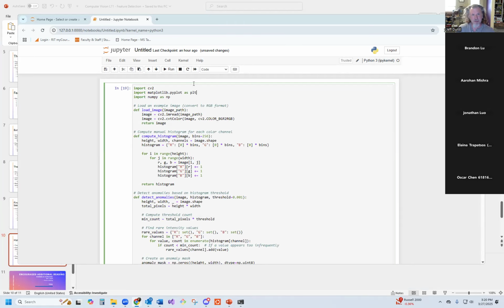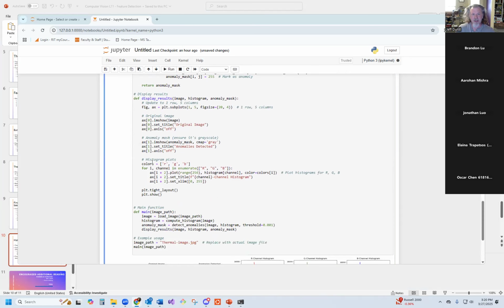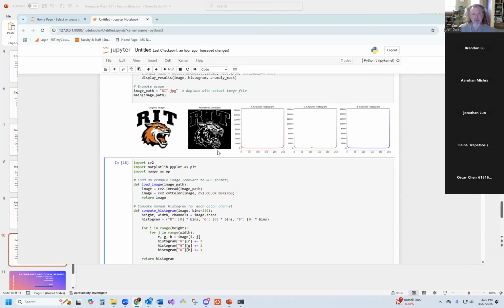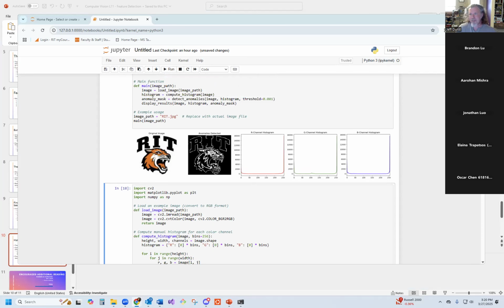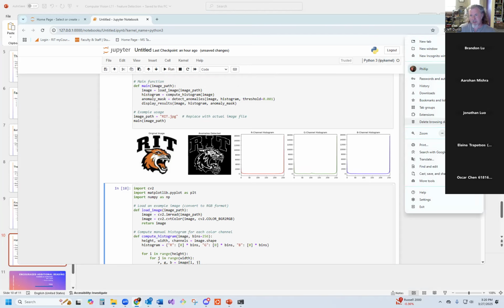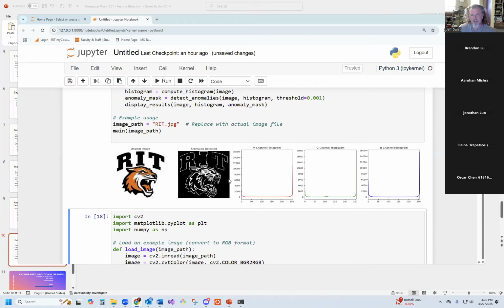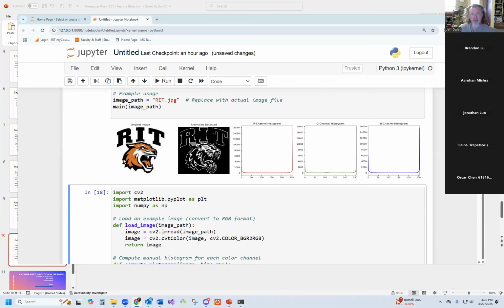So if we run this code with our RIT Tiger, we get this output. Let me zoom in a lot.